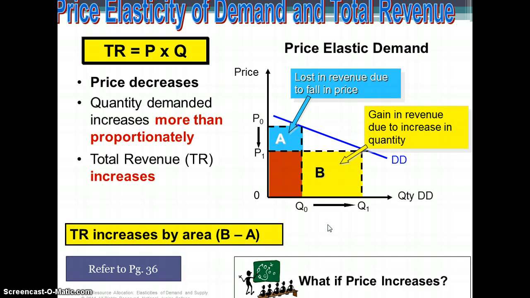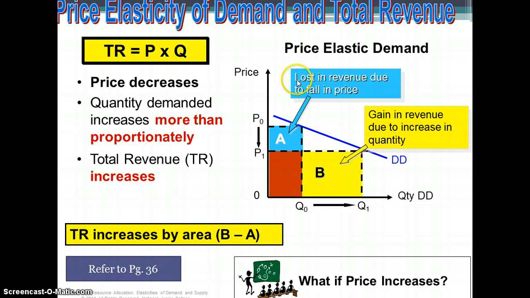What if there is a price increase? I give you a second to think about it. Given a price elastic demand curve, when the price increases from P1 to P0, there is a gain in the revenue due to the increase in the price. There is a fall in the revenue in this yellow box due to a decrease in the quantity.